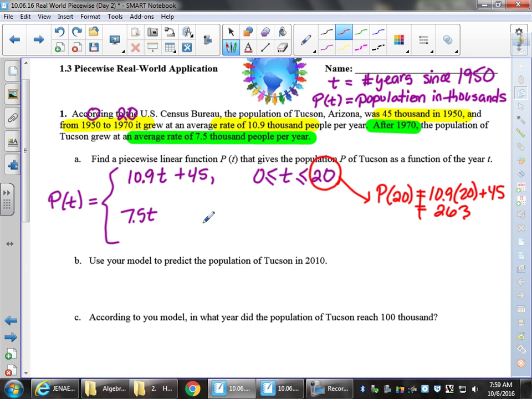So I have 7.5 T. I'm going to pose a question to you guys. How do I account for the fact that 20 years has gone by for T? Because 20 years has gone by, yes? So it's not really T, it's T 20 years in the future, or I have to subtract 20 years?